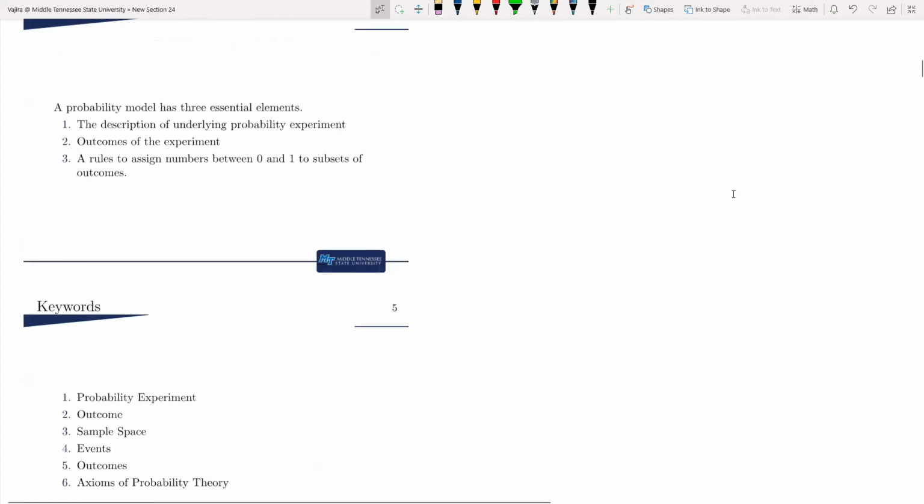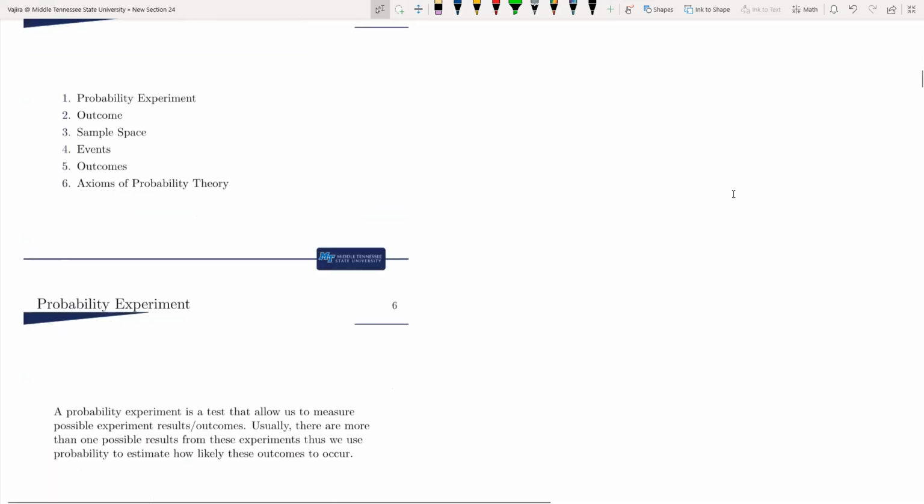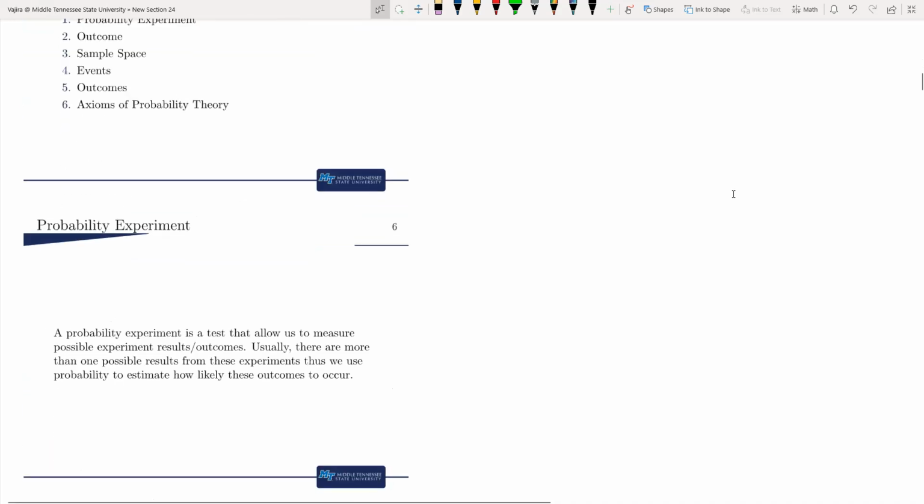And there are several keywords you will hear throughout this course. First one is probability experiment, then outcome, sample space, events, and axioms of probability theory. A probability experiment is a test that allows us to measure possible experiment results or outcomes. Usually there is more than one possible result from this experiment.